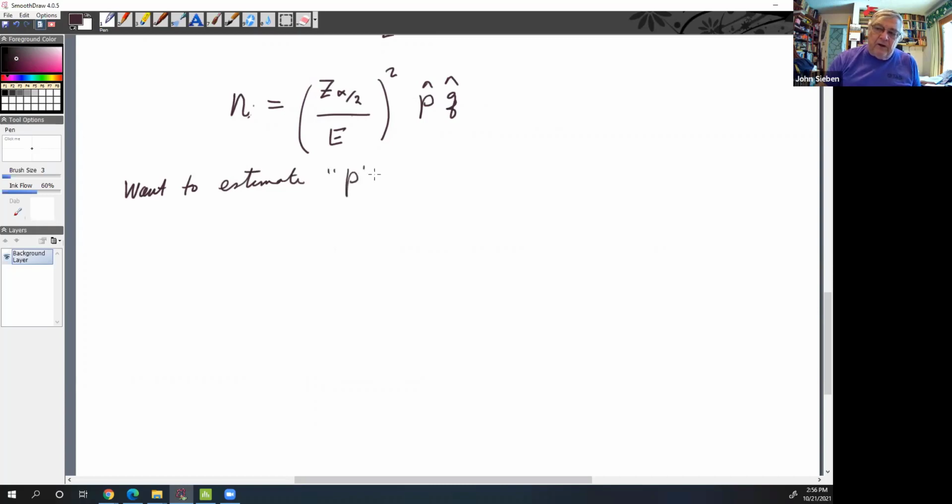We want to estimate P with, I just picked these numbers to illustrate, 95% confidence, and 5% margin of error.